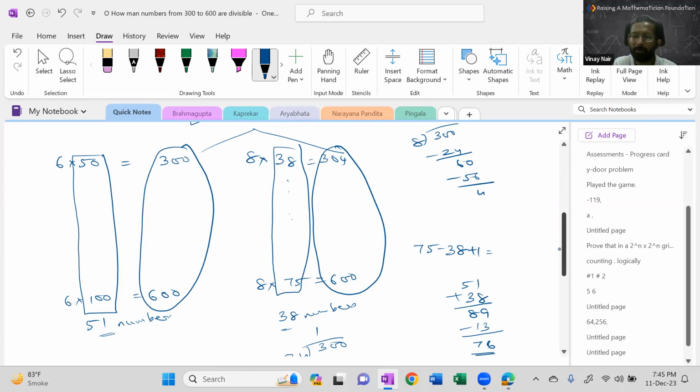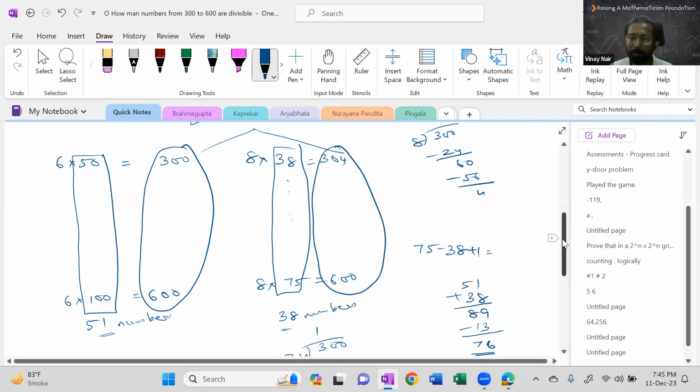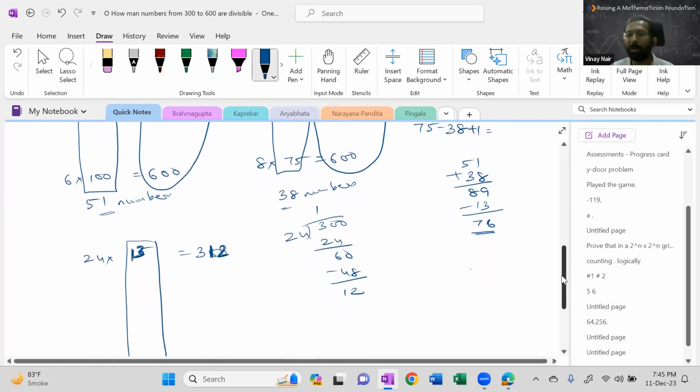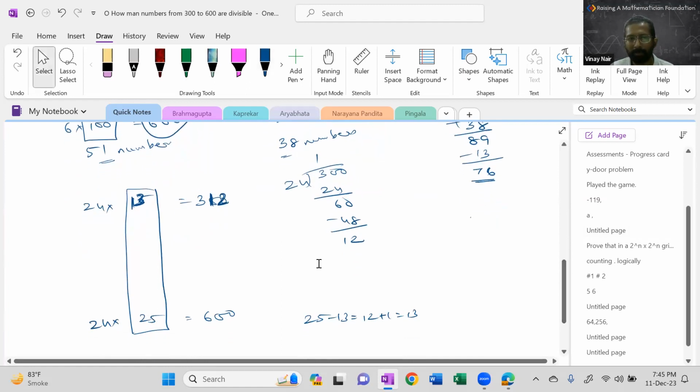So we have to remove them once. Instead of counting them twice, we have to remove them once. We are trying to find how many such numbers we double counted. So 24 times 13 is 312, 24 times 25 is 600. So 13 to 25, there are 13 such numbers which we have double counted.